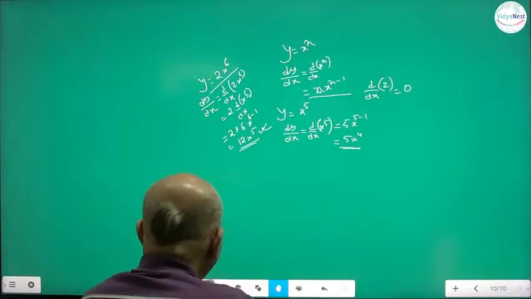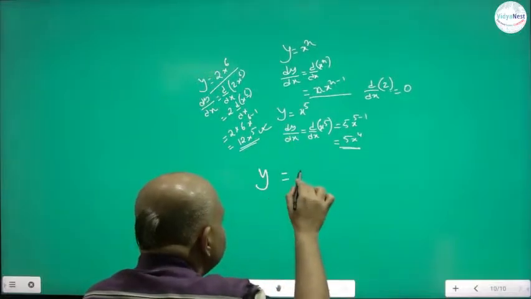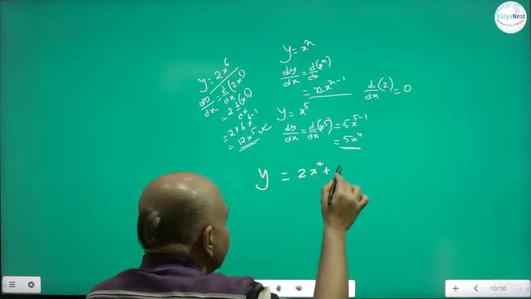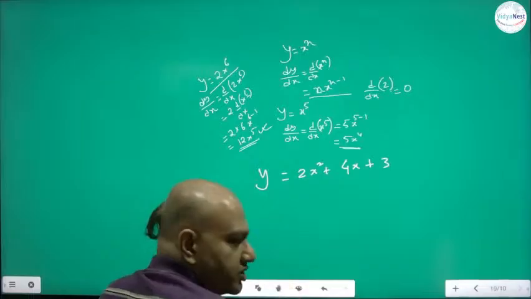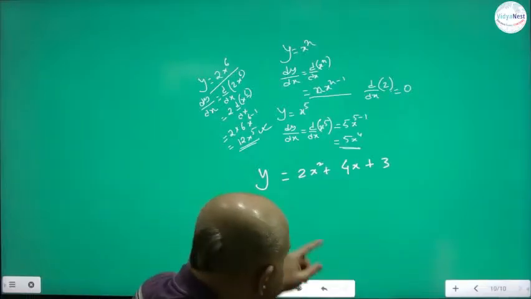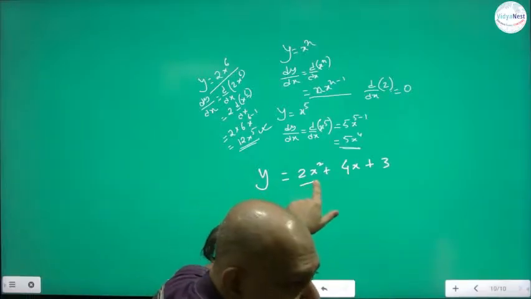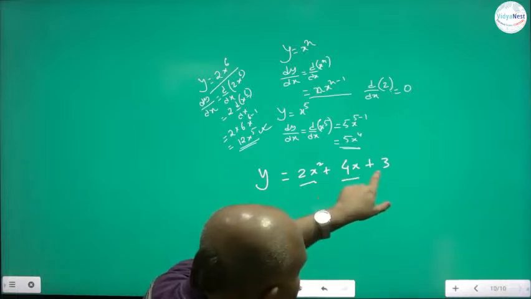Now see, if I have y is equal to 2x square plus 4x plus 3, and I want to differentiate, you can see 2x square is a separate function, 4x is a separate function, 3 is separate.